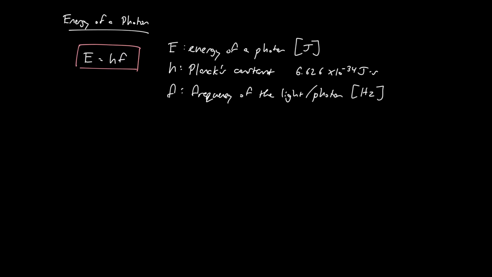Okay, and then one thing you might have to be conscious of is just the units of energy. Here we give it to you in joules. I would also say that you should remember the relationship 1 electron volt is equal to 1.602 times 10 to the negative 19 joules.